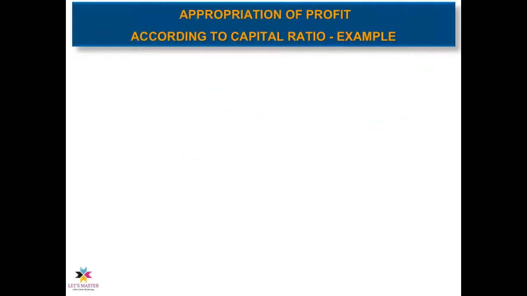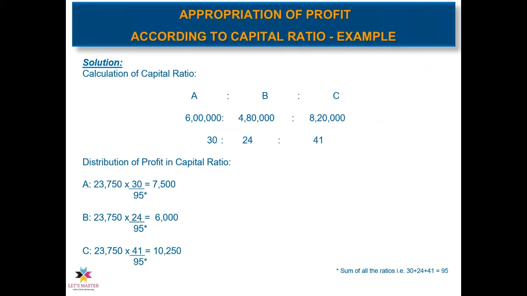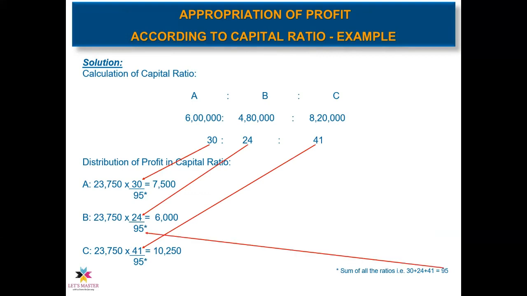Once we get the products, we will find the ratio of capital contributed, and the ratio that we have worked out is 30:24:41. Now this 23,750 would be divided between A, B, and C in the ratio of 30:24:41, and we have divided these ratios by 95 because 95 is the total of all the 3 ratios.